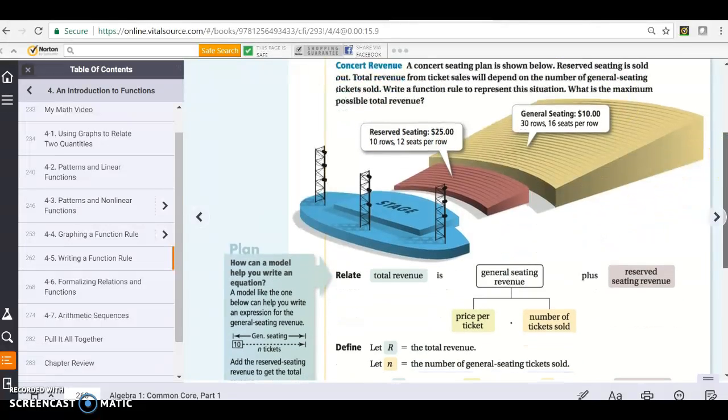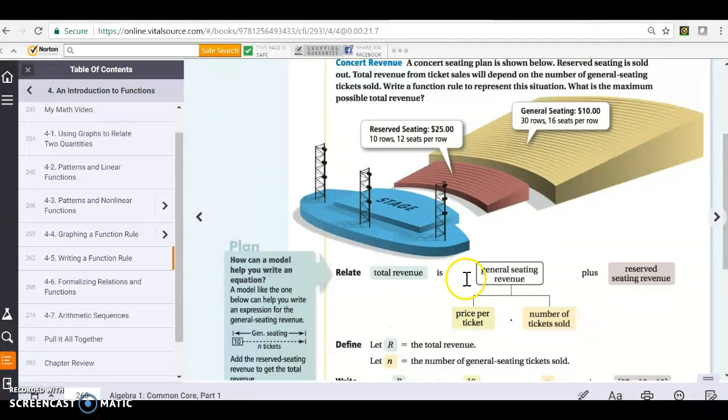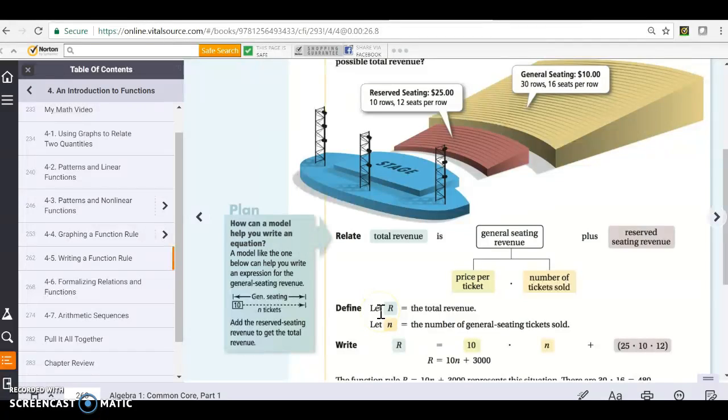So, we have total revenue is general seating revenue plus reserved seating revenue, right? So that's ticket price per ticket and the number of tickets sold. So we're going to define our variables first. R is the total revenue and N is the number of general seating tickets sold.